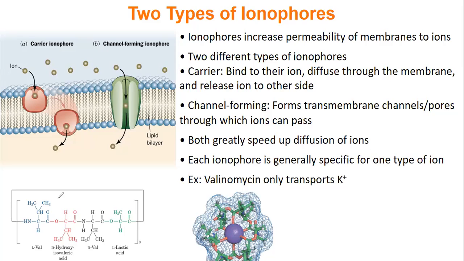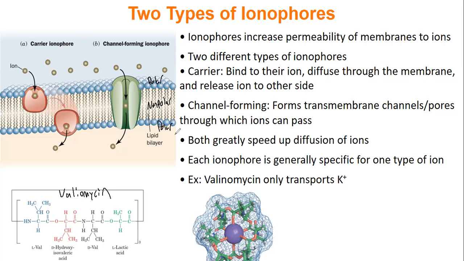And so this word is cut off on the bottom for you, so it should be valinomycin. Ions are charged particles, and the membrane itself, remember, has nonpolar tails plus polar heads.